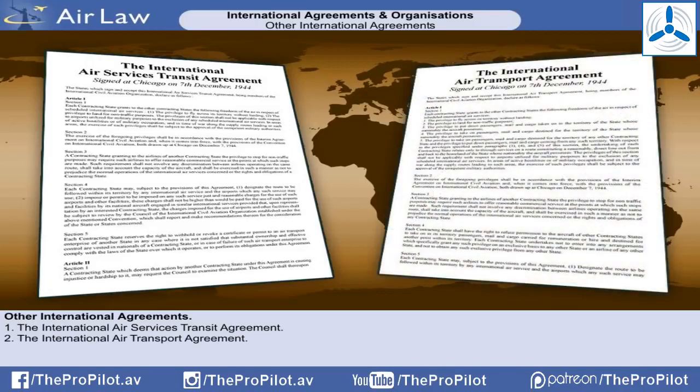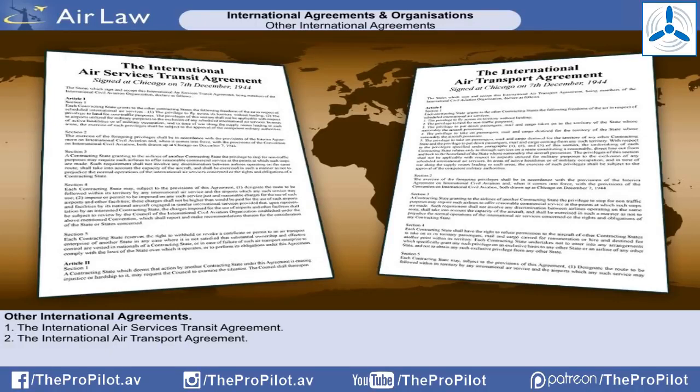The second agreement, the International Air Transport Agreement, further provided for the carriage of traffic between the state of registry of an aircraft and any other participating state. These two agreements establish 5 important freedoms, and in the remainder of this lesson we will examine the two documents in detail, and in particular, the freedoms that are associated with them.